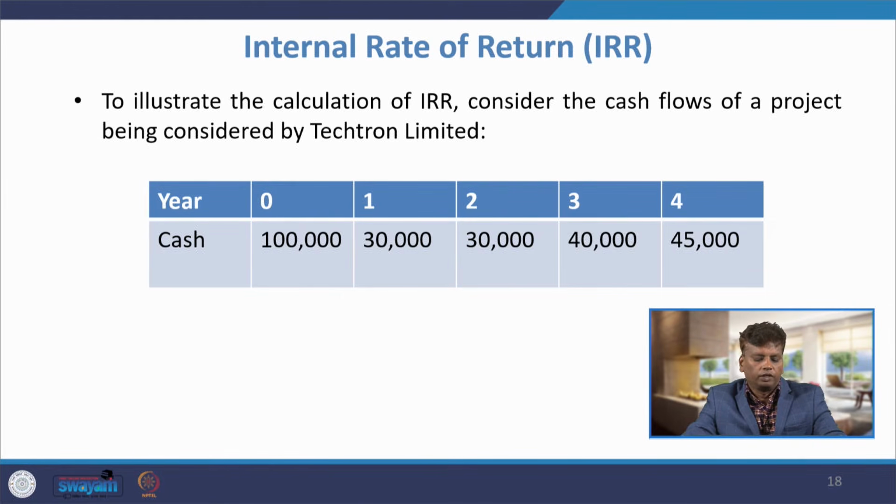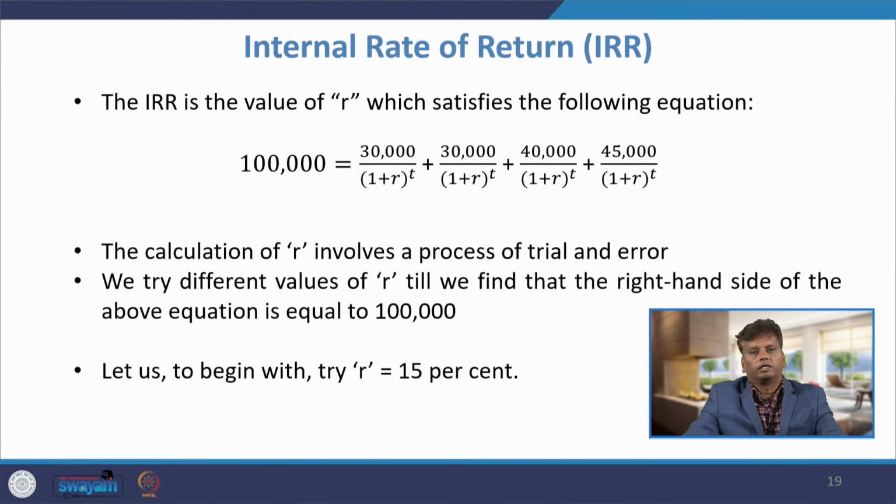The initial investment is say $100,000, and every year for the next 4 years we get cash inflows of 30,000, 30,000, 40,000, 45,000. Now we have to find the internal rate of return. The internal rate of return is the value of R which satisfies the following equation for the given problem. We know our initial investment is 100,000 and there is a cash inflow for the next 4 years.